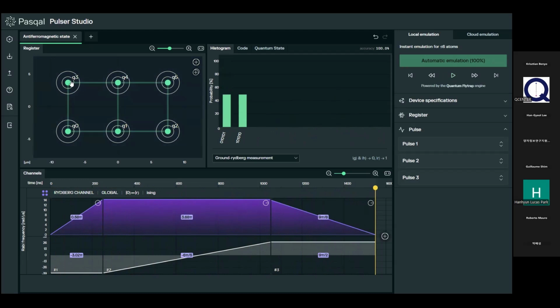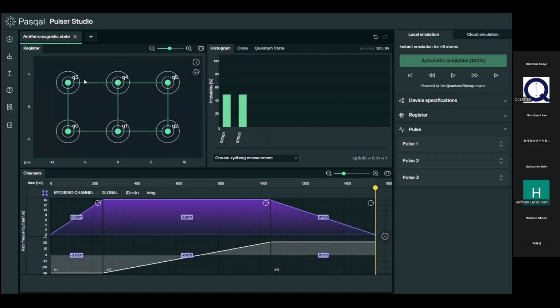However, atoms that are neighbors, so atoms that are connected, are within each other's Rydberg blockade radius, meaning that if two of these atoms try to get excited, try to reach this Rydberg excited state at the same time, one of the two would need to be pushed to a lower energy state.